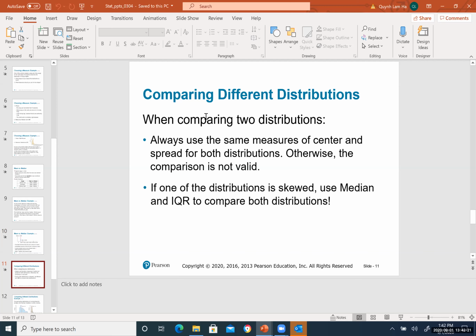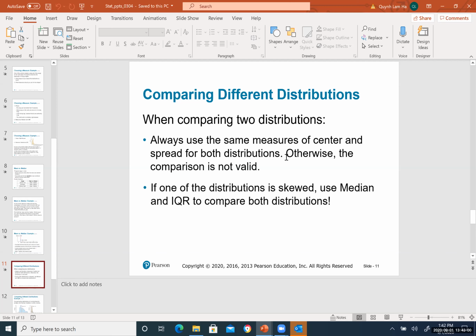So you have done comparing already, and over here they're talking about comparing between two distributions. So this looks like a summary, right? Always use the same measure of center and spread for both distributions. If we compare two skewed distributions, you have to use the median for both sets.